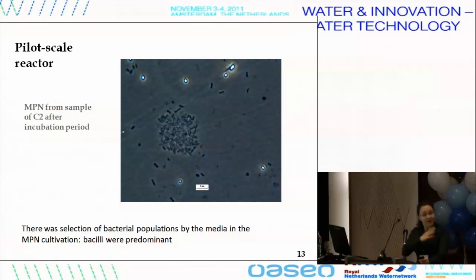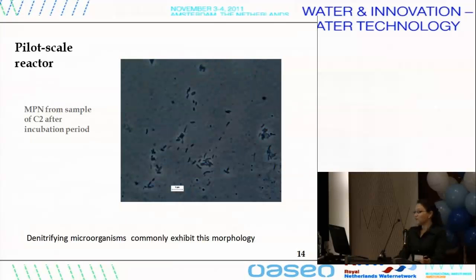This is an important result because after a period of incubation, by this technique of estimation of bacterial population, we have a great selection by the media, in which bacilli were predominant. It's important because nitrifying microorganisms commonly exhibit this morphology.